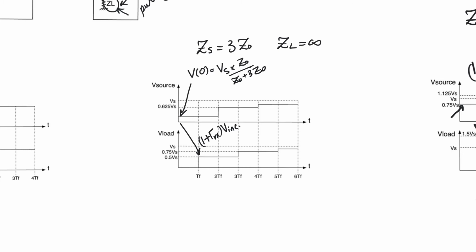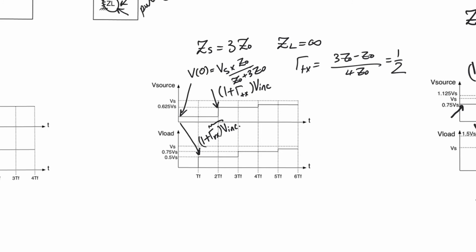Now, this component, gamma Rx V incident, is going to reflect back to the source, and it reaches the source here. And so the source is going to observe 1 plus gamma Tx V incident. And gamma Tx in this case is actually positive. We can calculate it as gamma Tx equals 3Z0 minus Z0 over 4Z0, which is going to be half.